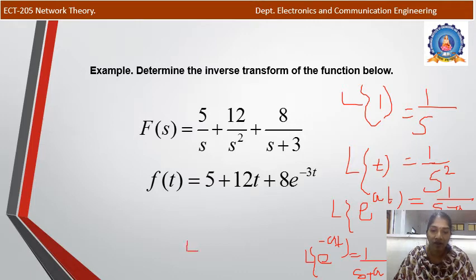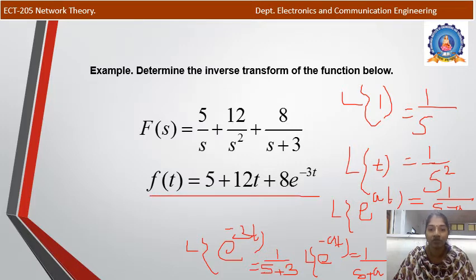So the Laplace transform of e raised to minus 3t will be what? 1 by s plus 3. So the inverse Laplace transform of 1 by s plus 3 is e raised to minus 3t. So 8 into e raised to minus 3t. Okay, so this will be the equation.